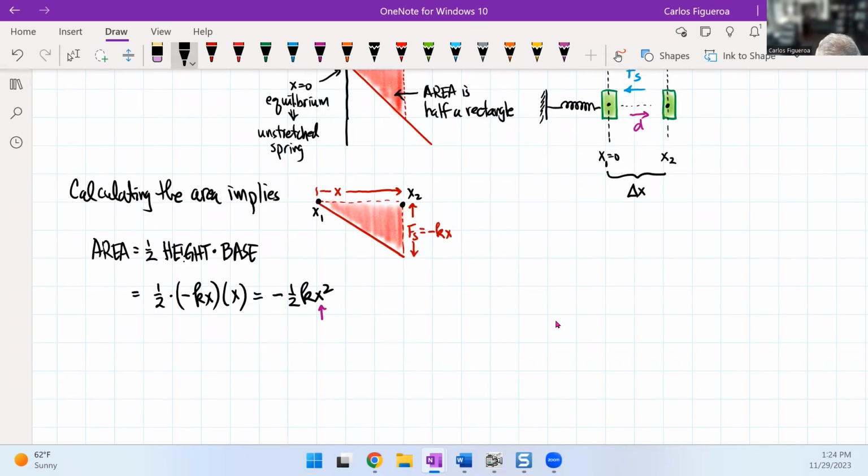So if I make an adjustment, what this really says is that it's going to be minus 1/2 kx2 squared minus 1/2 kx1 squared.